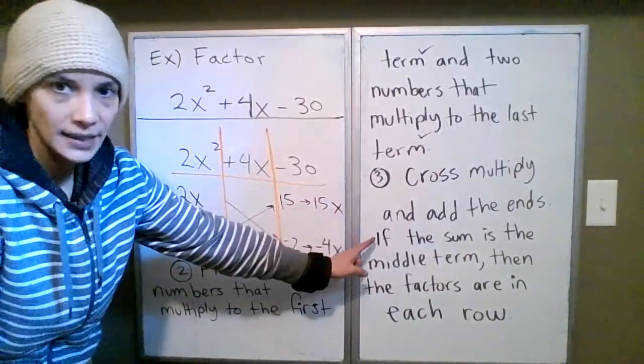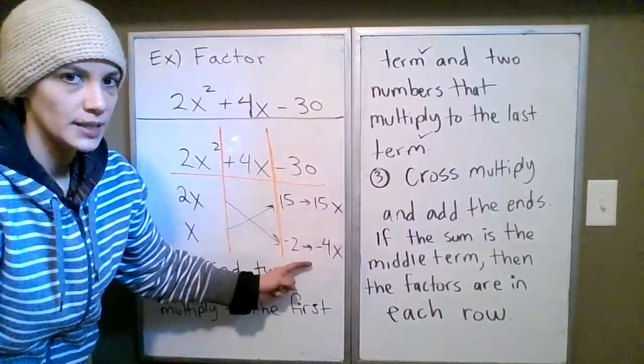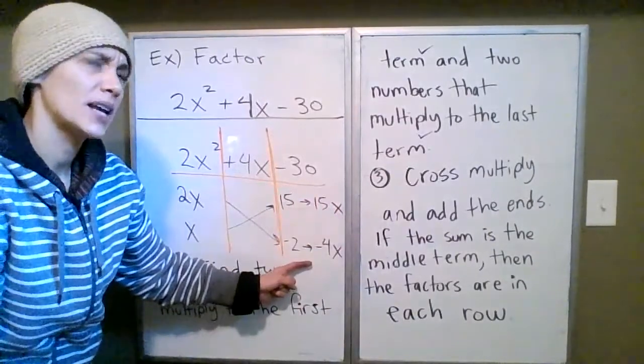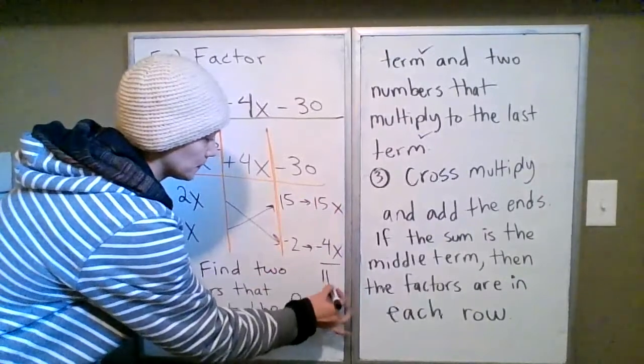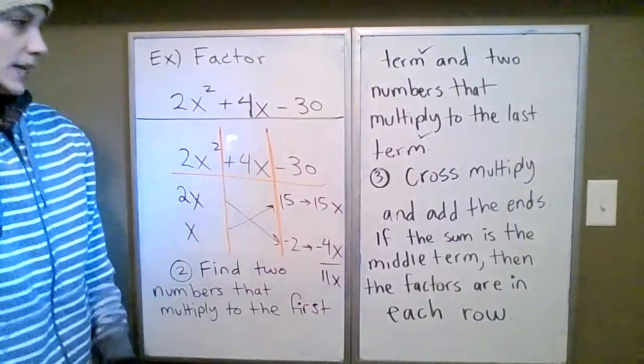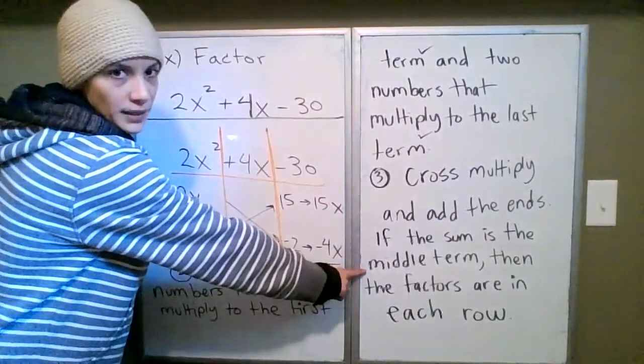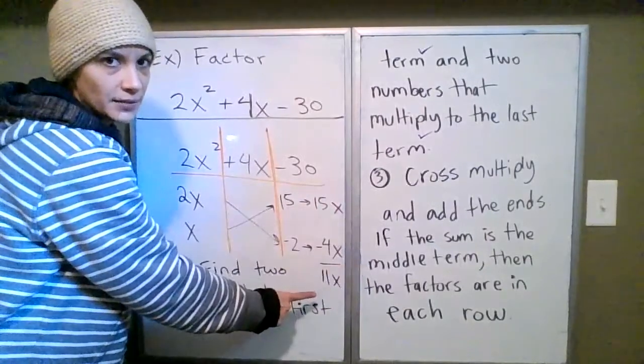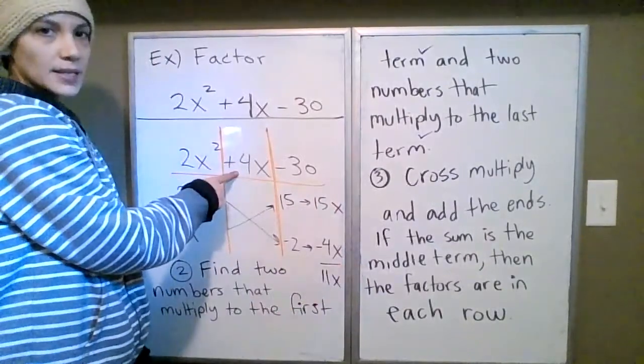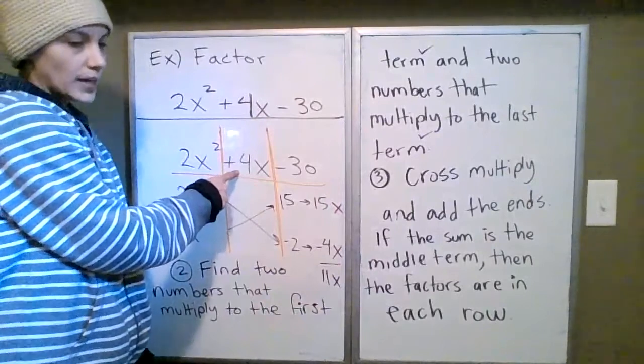Okay, and then we add those ends. We're going to add 15x with negative 4x, which would be 11x. Okay, if the sum is the middle term, then I have the right guess. But my sum is 11x, my middle term is 4x, so this is not the right guess.